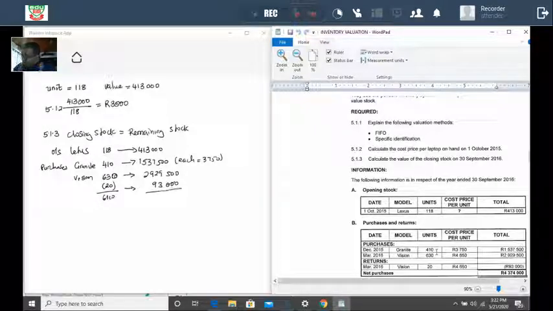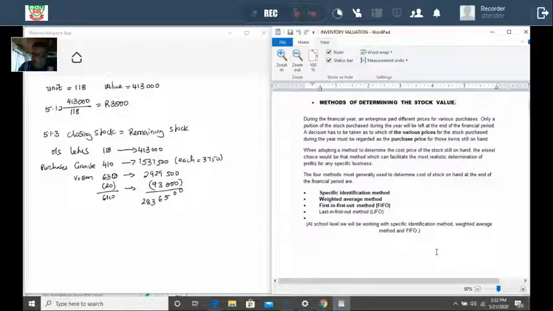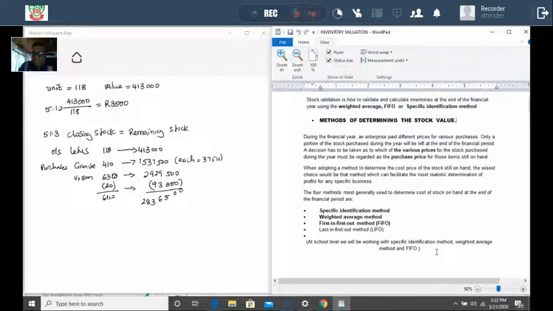So actually for Vision, we will subtract the returns. Okay, now we continue downward.